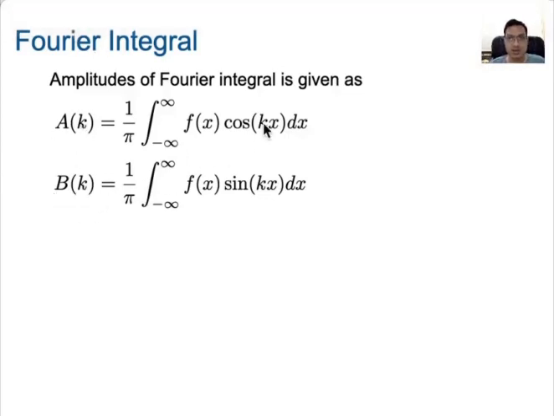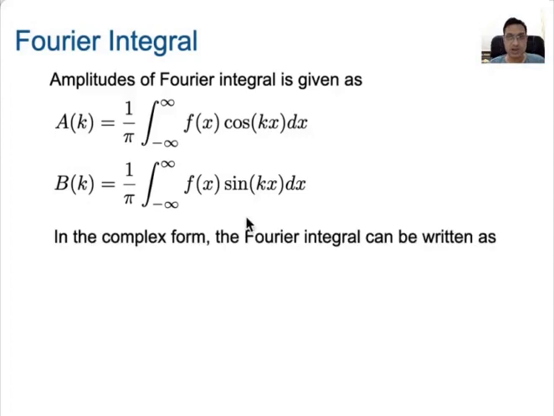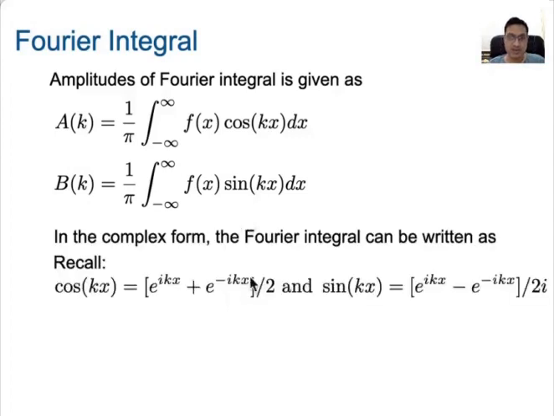Now this cosine and sine can be written in terms of exponentials: cosine is e to the power ikx plus e to the power minus ikx, divided by 2. I hope you have seen this at your 10 plus 2 level. And this is the definition of your sine.